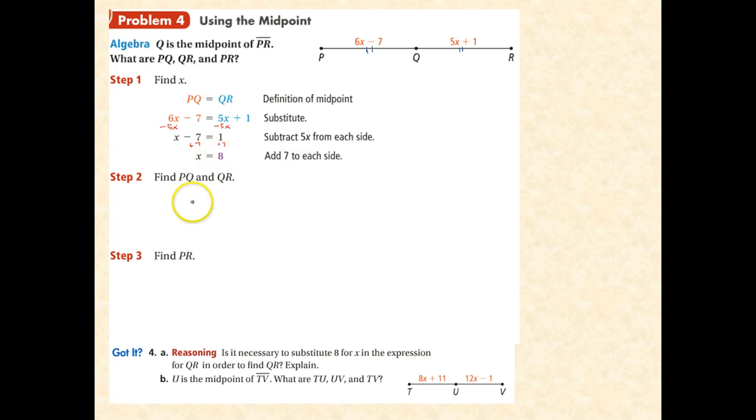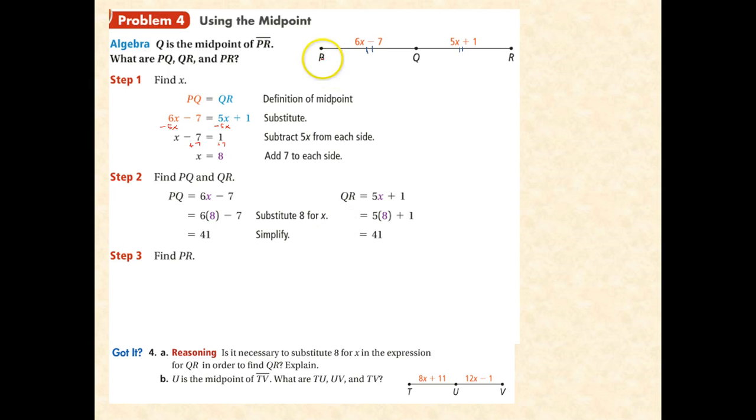I just need to substitute that in to 6x minus 7 to find the length of PQ, and 5x plus 1 to find the length of QR. So I'm going to substitute my 8 in for each x value. 6 times 8 and 5 times 8. And I get 41 for each value. And that makes sense because they're supposed to be equal.